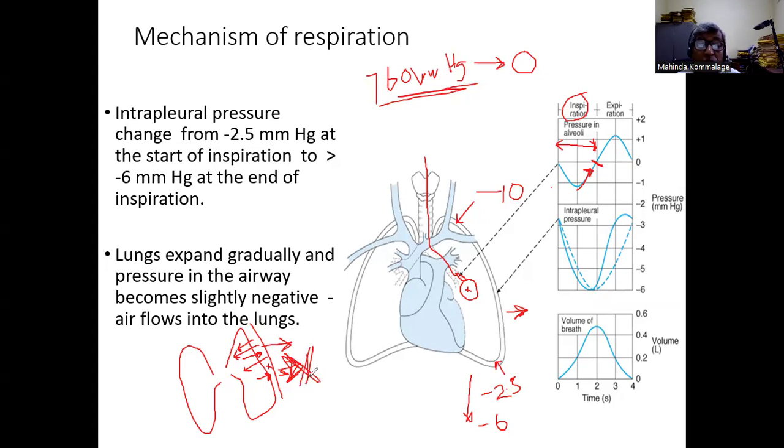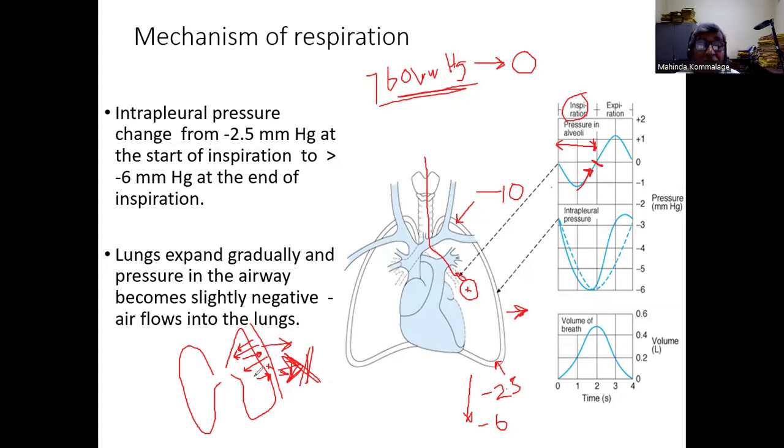We remove this force. Then what should happen if we remove this force? Yeah, it will go back, recoil pressure will operate and the lungs will collapse and come back to the original position.